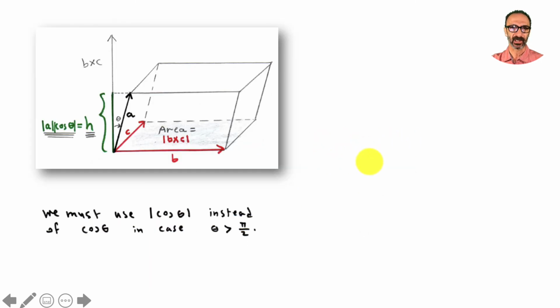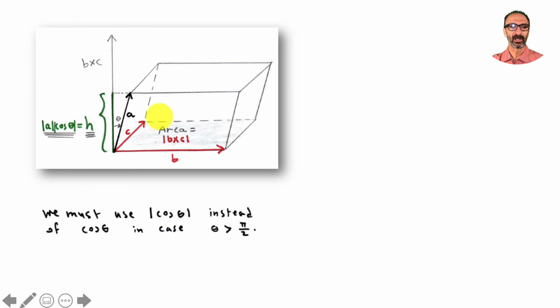Here's what's interesting about the triple product. You see this graph right here? I have B and C and another vector A. Down here, I have B cross C. If you do the cross product, the B cross C magnitude will give you the area down here for this parallelogram.